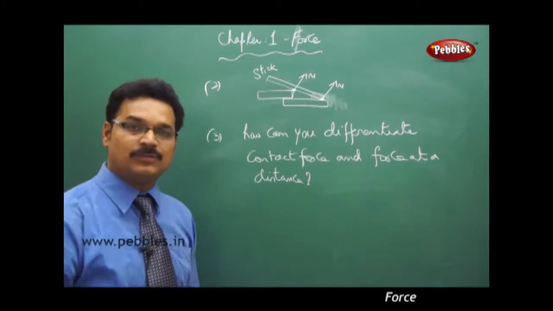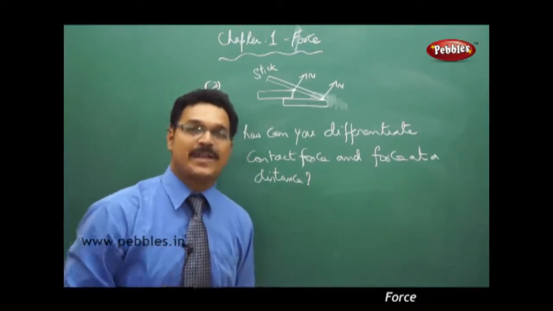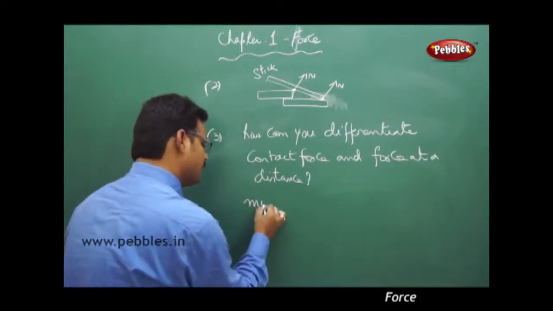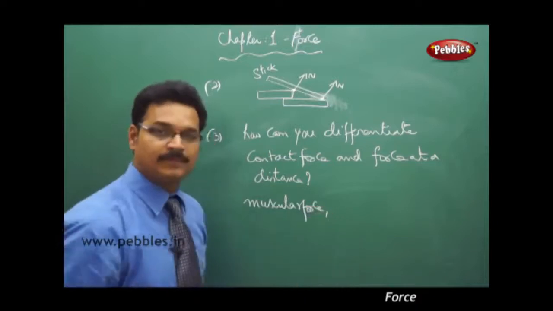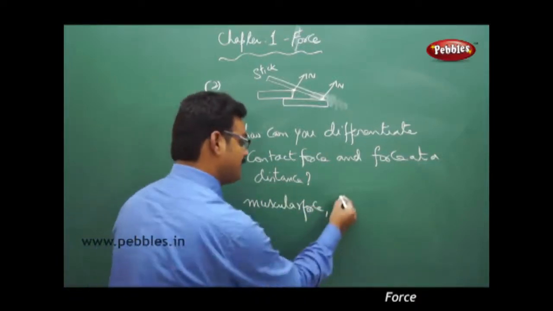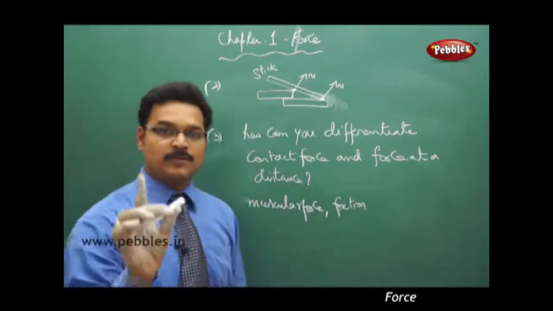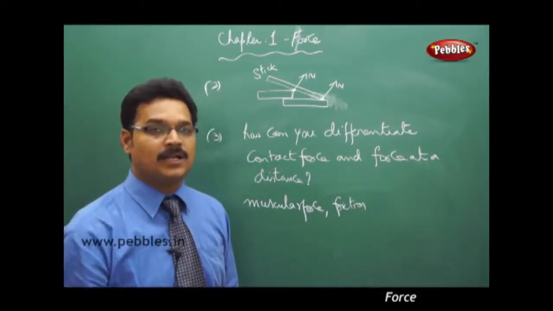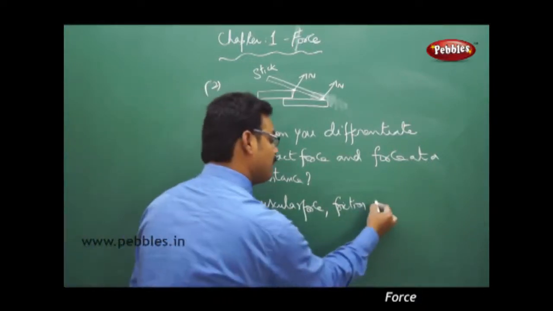Contact force means the body and the source of force should be in contact. So example, muscular force. So this is a muscular force. Friction, the force between my fingers and a chalk piece, the force between wheels of the car and the road, friction, normal.